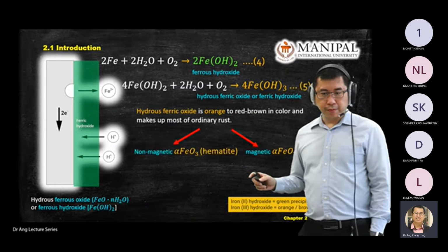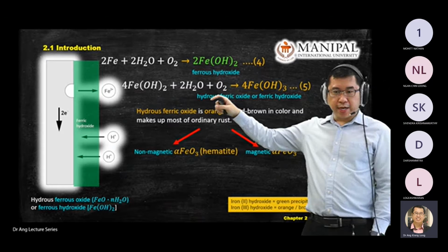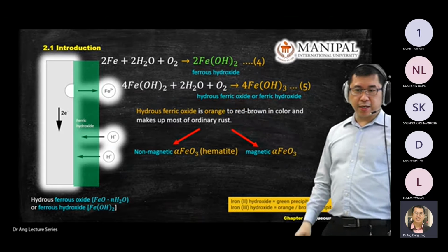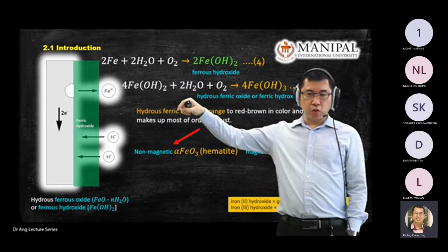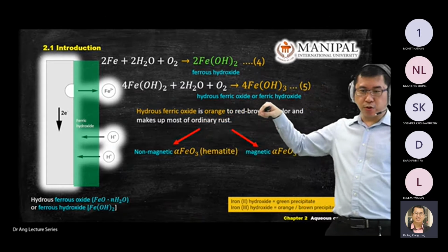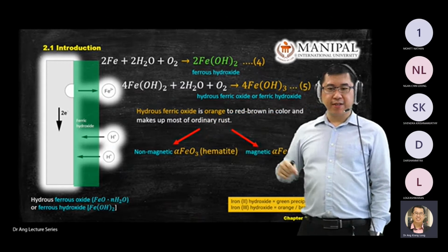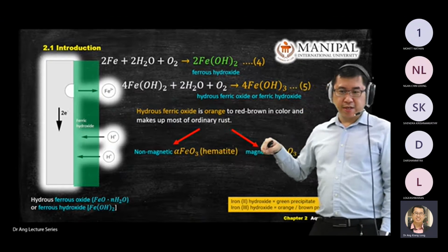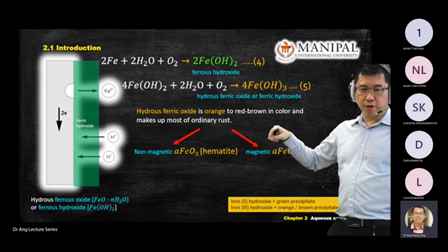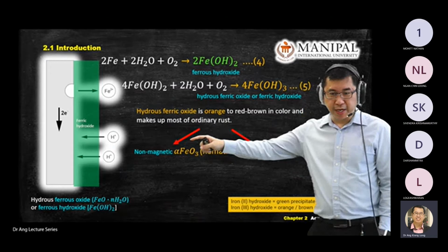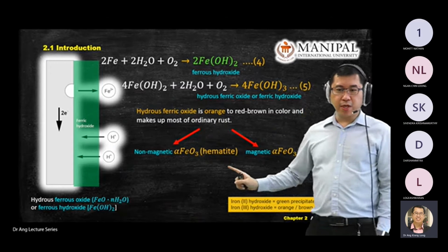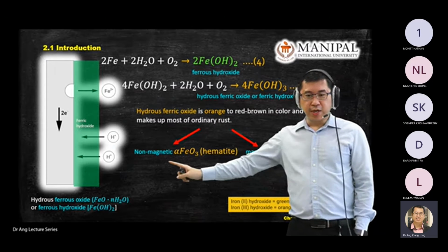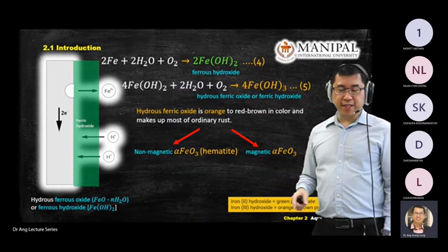So ferric oxide, this one, orange color, has two groups of products. One is magnetic, one is non-magnetic. By the word itself, you know what magnetic means, right?